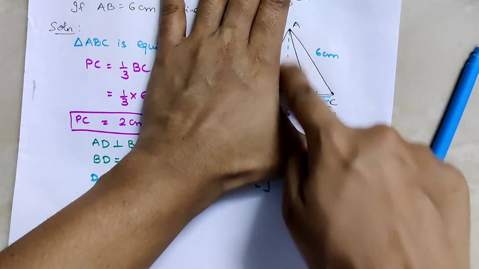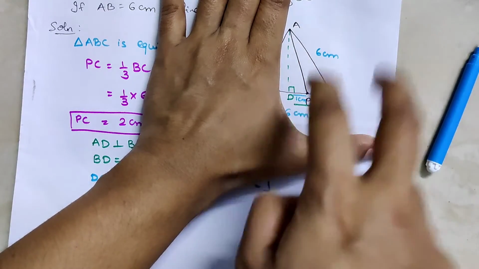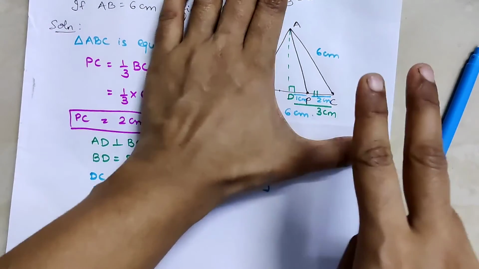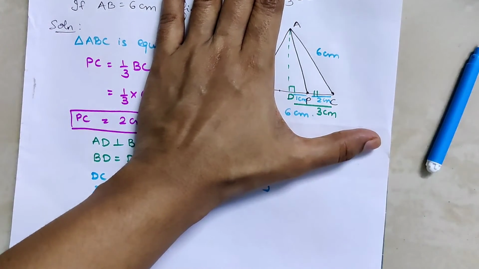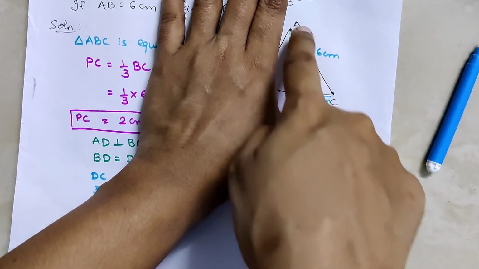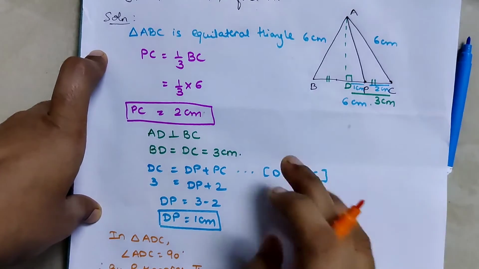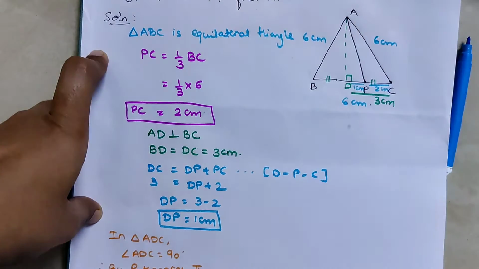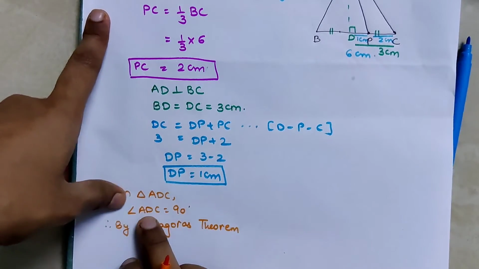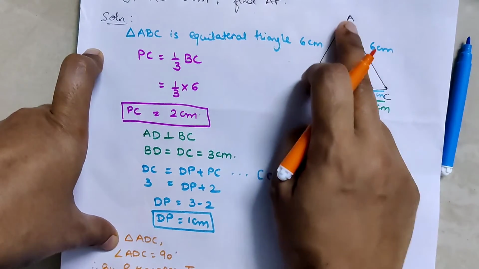Again use the Pythagoras theorem for the smaller triangle ADP. तो पहला जो हम लोग यूज करेंगे वो होगा Pythagoras theorem कौन से ट्राइंगल के लिए? ट्राइंगल ADC. So children, when we apply Pythagoras theorem in triangle ADC, angle ADC is 90 degree. Therefore by Pythagoras theorem, this is our hypotenuse.